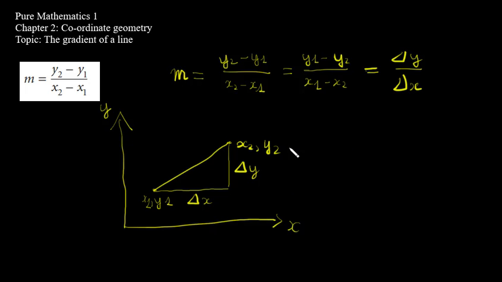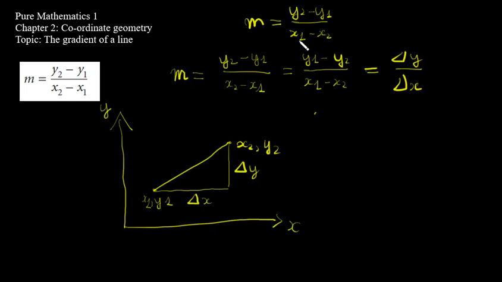But something we cannot do is say m equals y2 minus y1 over x1 minus x2. It needs to correspond to what you are doing.